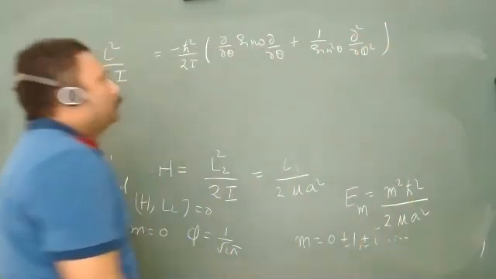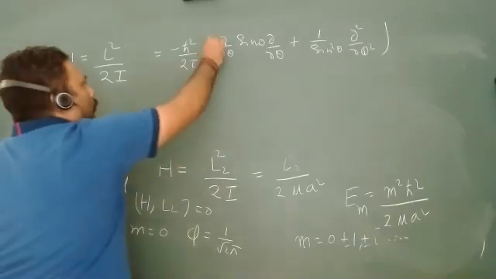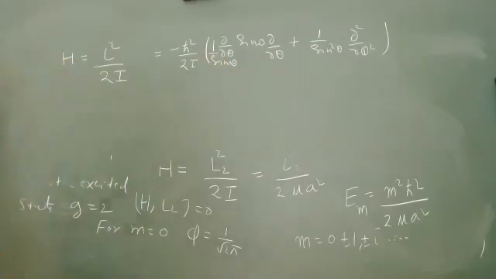Isn't it? You can just take L square. I have written something wrong. Sorry, 1 upon sin theta is also there. So this is L square.